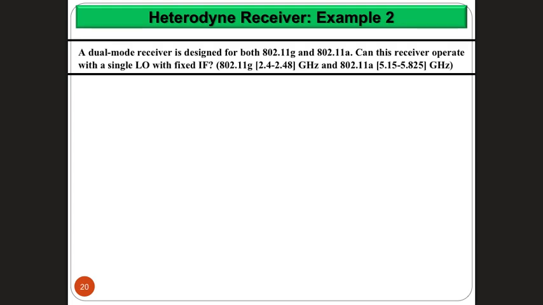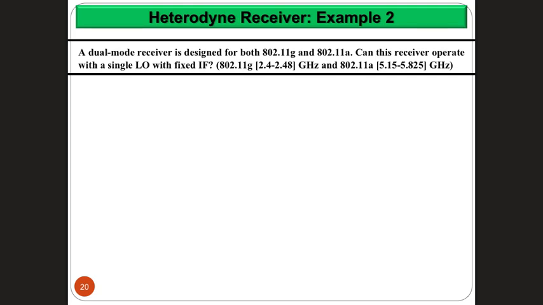Another example here has to do with the effect of image on the design, from a different perspective. Assume that I have an 802.11g and an 802.11a, so a dual band Wi-Fi transceiver.